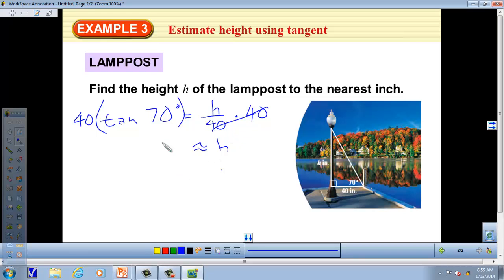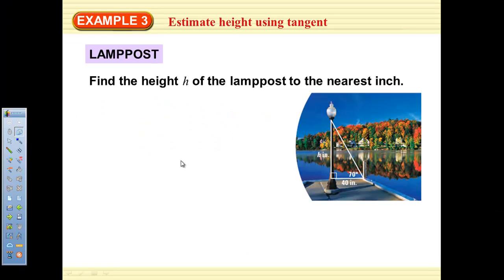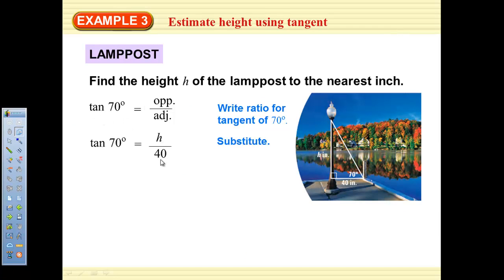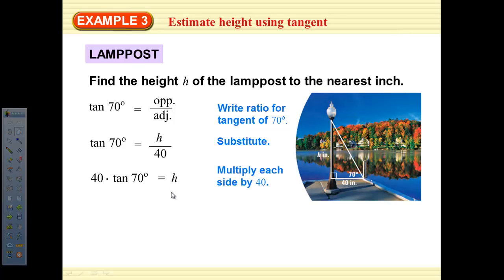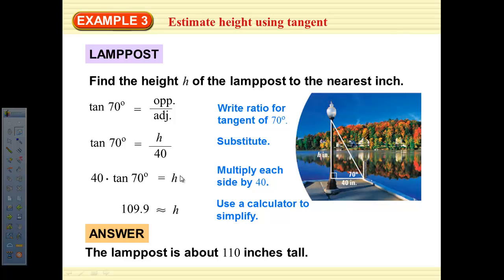And we get 109.9 inches. Okay? So again, we write it, tangent 70 is opposite over adjacent. We plug in the h and the 40, multiply both sides by 40, and we get our answer, 109.9. So about 110 inches tall.